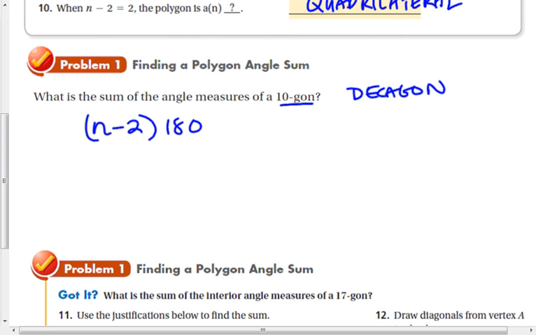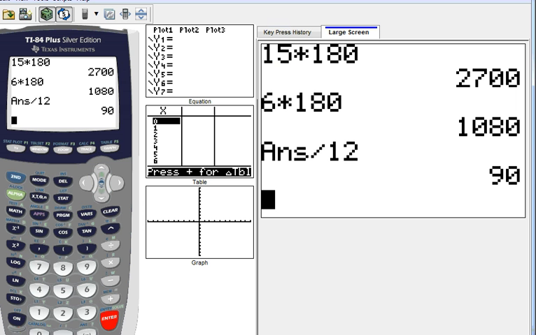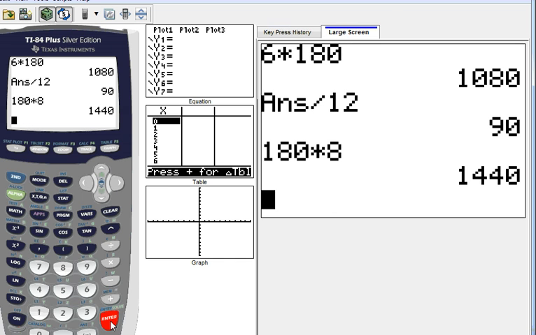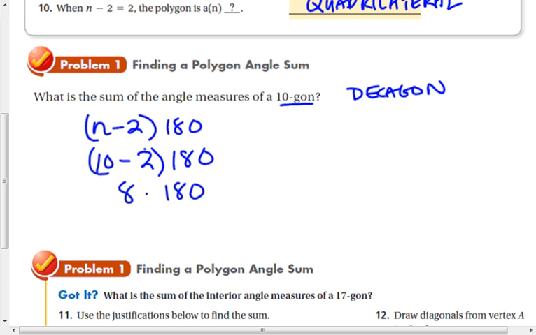Then we substitute the number of sides in for n and simplify. 180 times 8 is 1,440. So there are 1,440 degrees in the interior angles of a decagon. Go ahead, you try that.